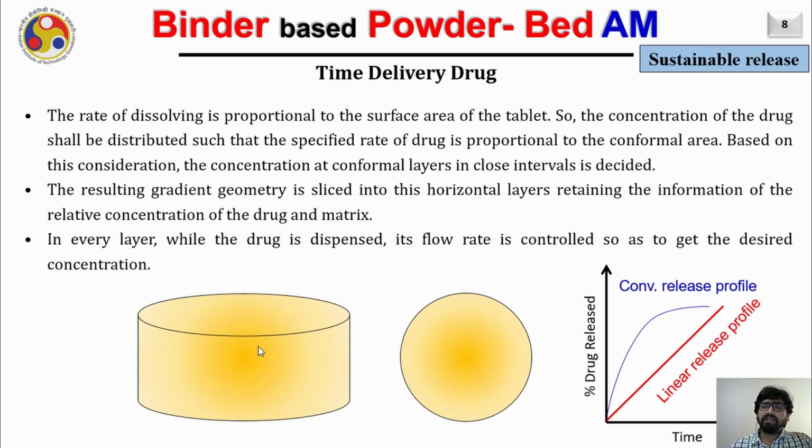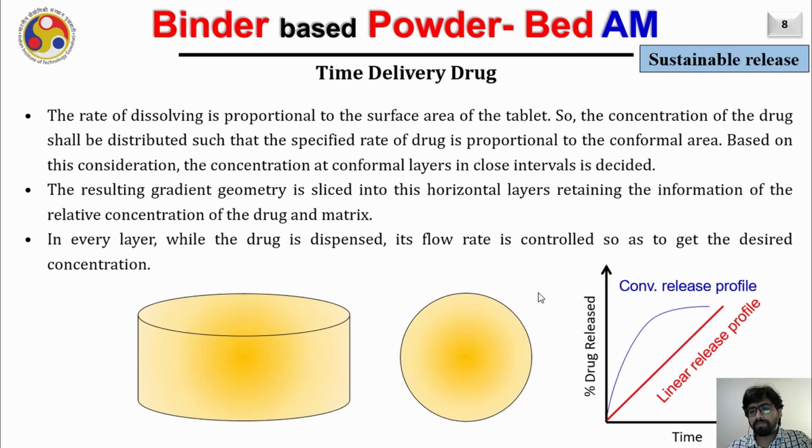One very important aspect of using binder based powder bed additive manufacturing for realizing time delay drugs is its capability of producing sustainable release. First of all, let me try to explain how conventional release works. The rate of dissolving the drug is usually proportional to the surface area of the tablet.